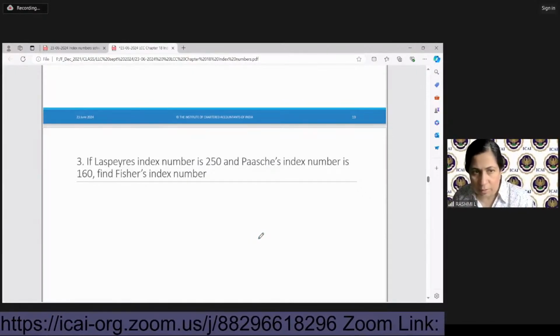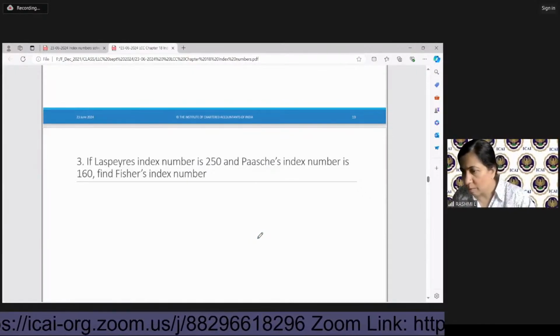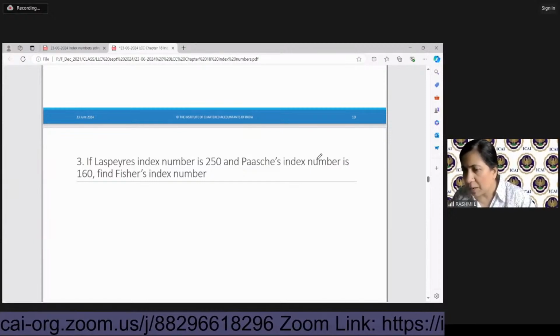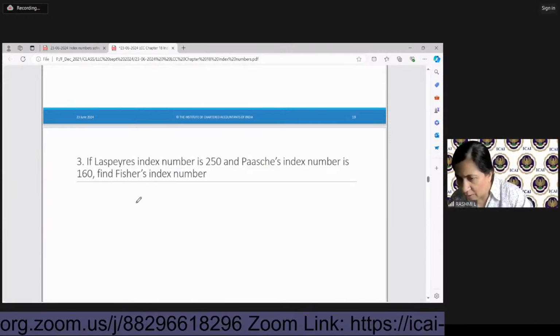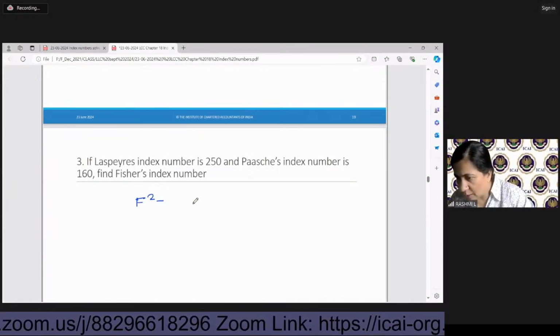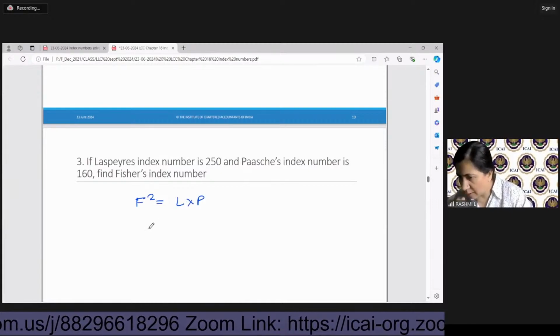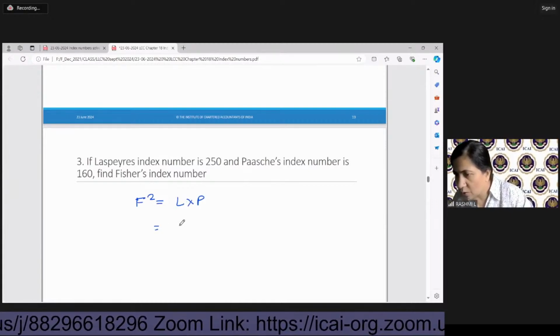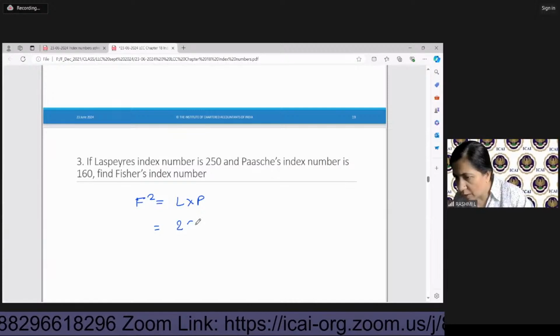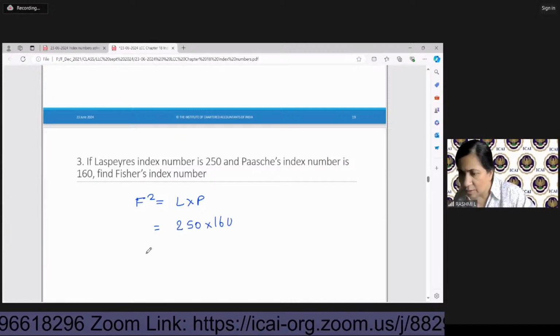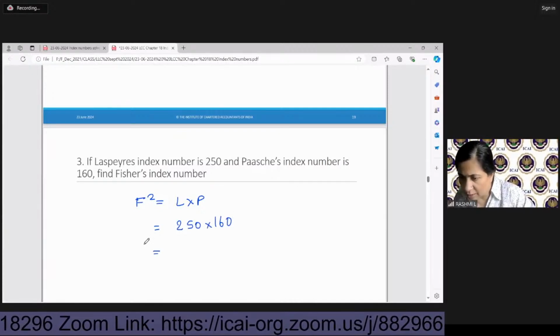Okay. A few more. If last buyer is 250, partial is 160, find Fisher. F square is equal to L into P. 250 into 160 is how much? Is F square.